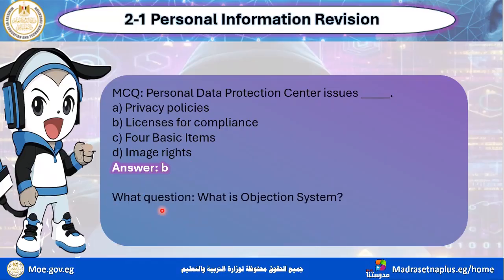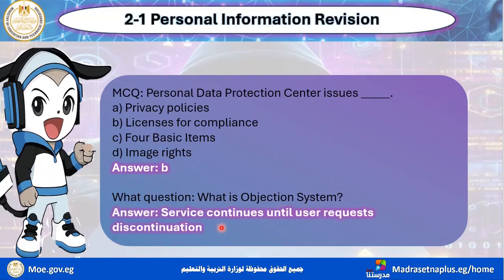What question or a WH question? What's objection system? What do we call it? Well, service continues until user requests discontinuation. So we ask them to stop continuing with us. This is objection system.